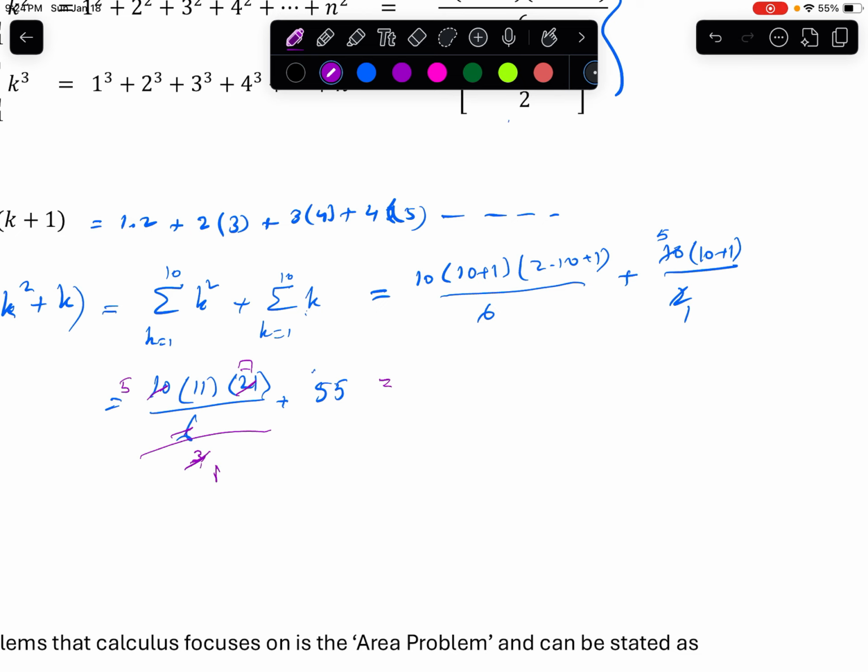So I have 5 into 11, which is 55, times 7 plus 55. This is what is left with me. But I can now actually do 55 times 7 plus 1, which means 55 times 8, which will give me 8 5s are 40, 440.